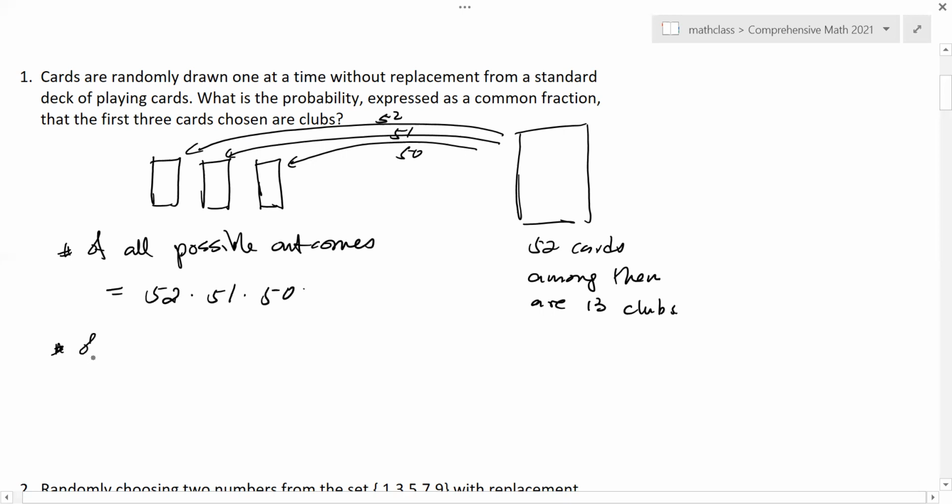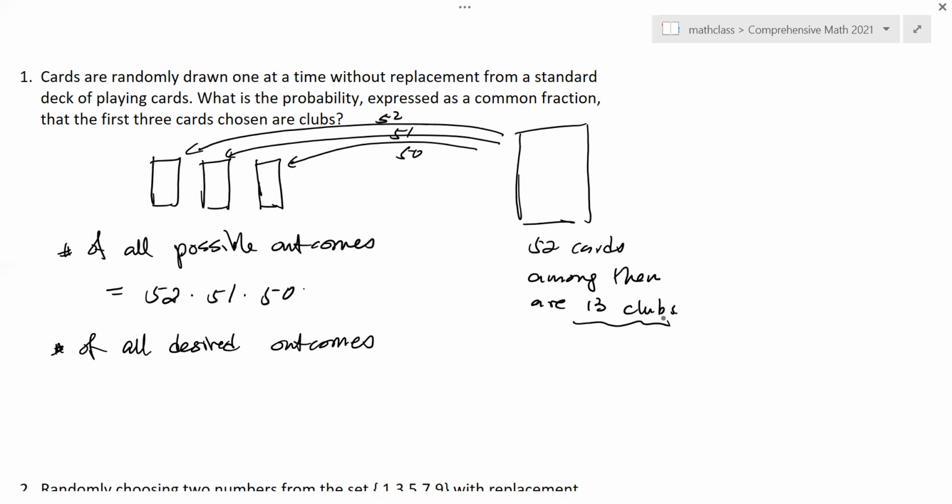Now, for the numerator, you are only interested in clubs. For the same reason, for the clubs, you can only have 13 clubs to choose from. Because in the sequence, all of them must be clubs.